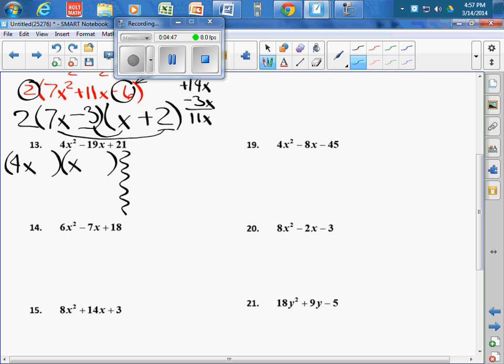What else could I do? I could break up the 4x using 2x times 2x. Now both signs need to be the same. I need to end up with positive 21.